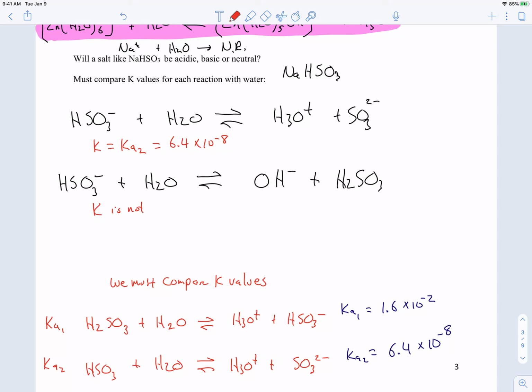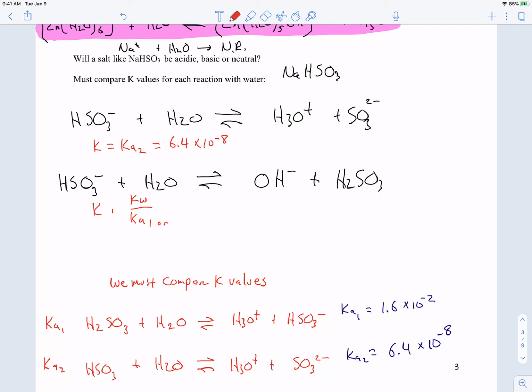So, how do we find this? Well, the K value for this second reaction is going to equal, like our hydrolysis, Kw over one of the Kas. We've seen that time and time again. But is it Ka1 or is it Ka2? Which one is it?